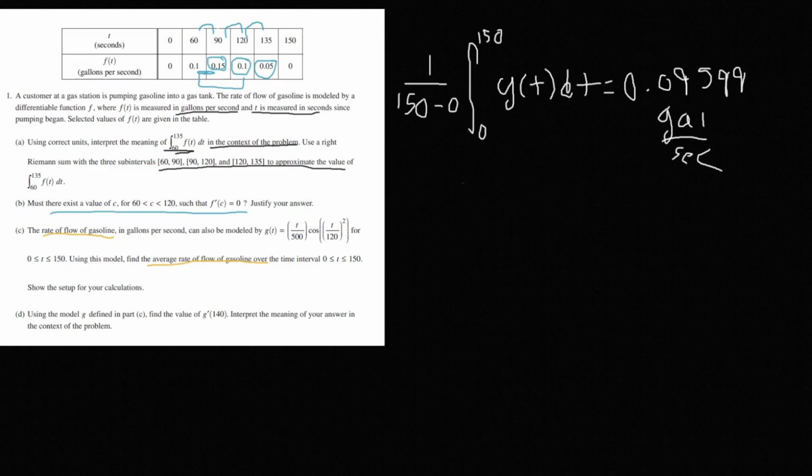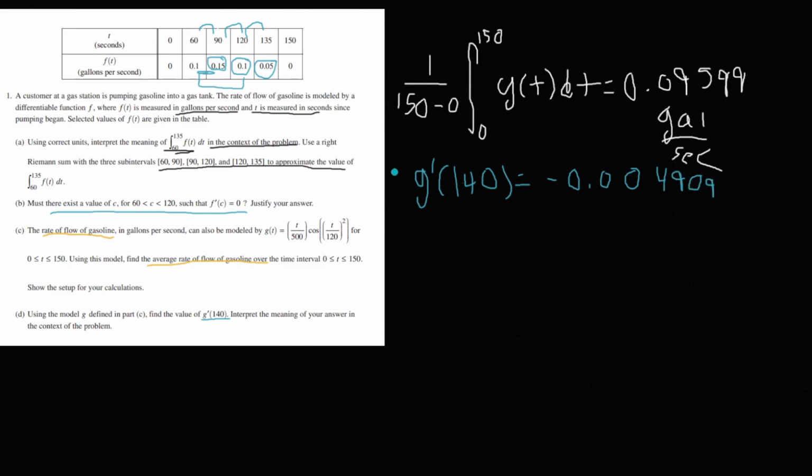All right, let's look at part D. So using the model for g, find the value of g prime of 140. So you can just enter this into your calculator, g prime of 140. And so that should be about negative 0.004909.